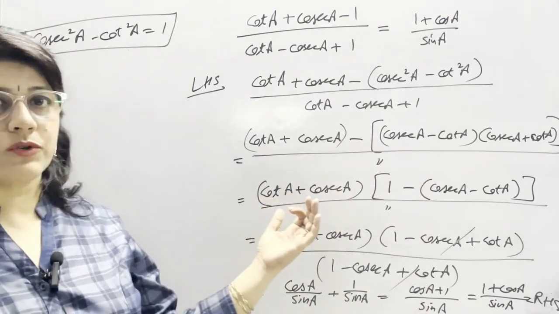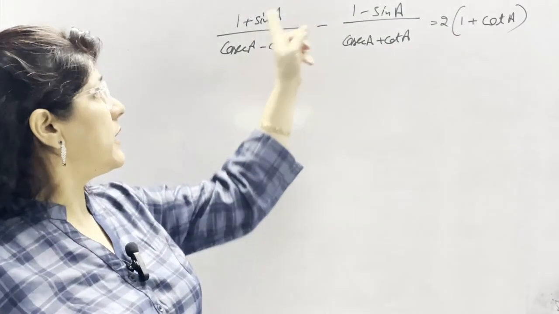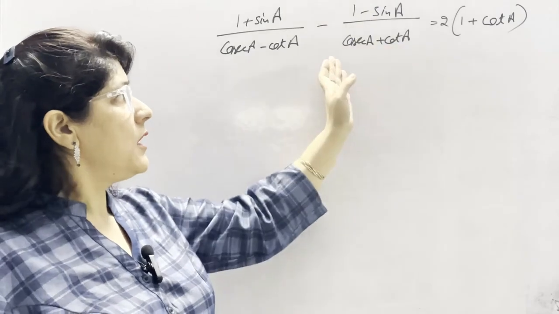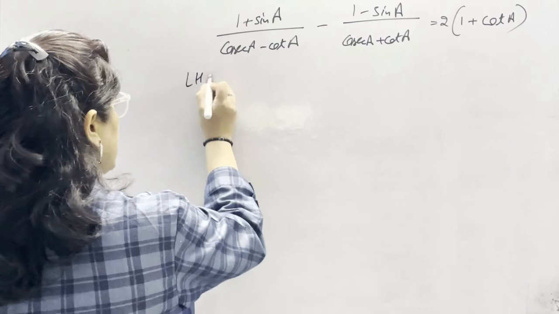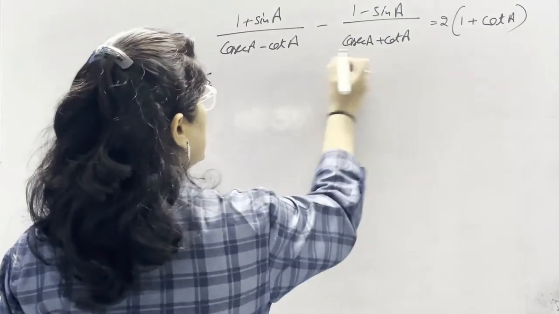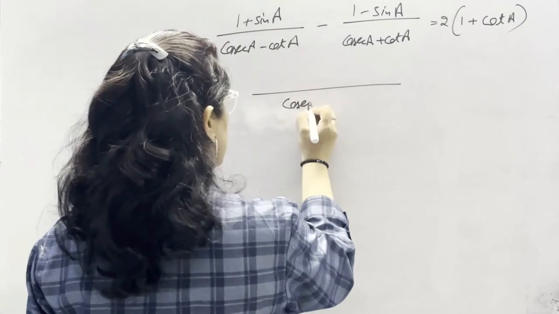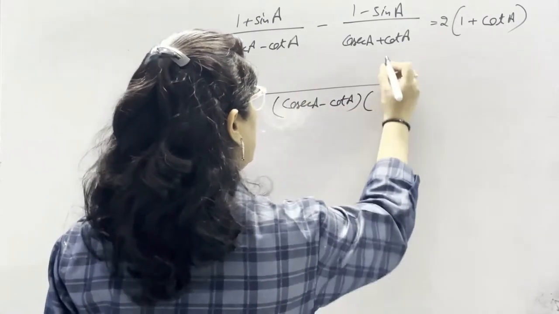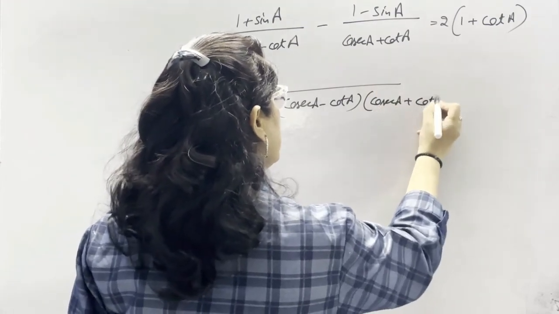This is a very important question from the examination point of view also. In the next question, 1 plus sin a upon cosec a minus cot a, minus 1 minus sin a upon cosec a plus cot a. This is our LHS. Starting with it, we can take LCM here: cosec a minus cot a, and from the second term cosec a plus cot a.